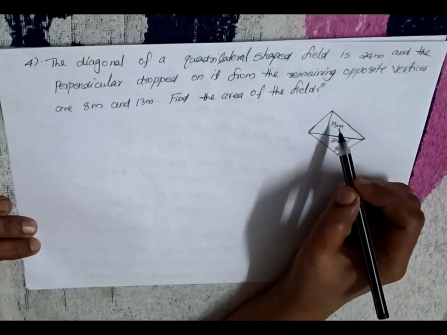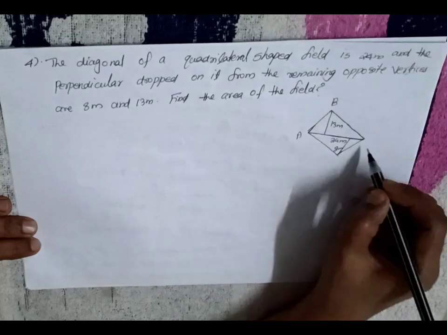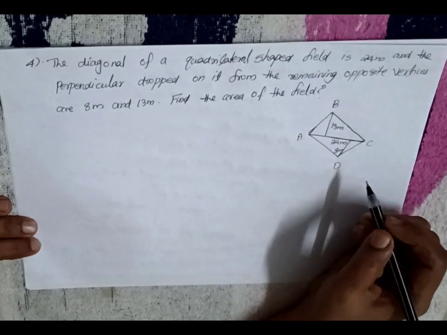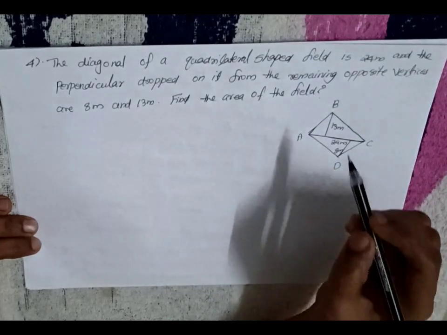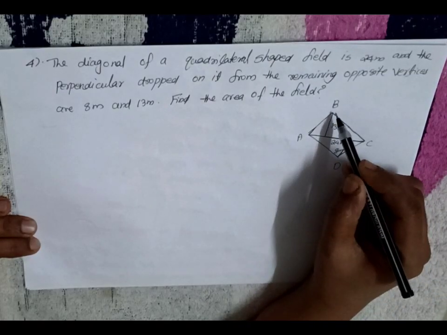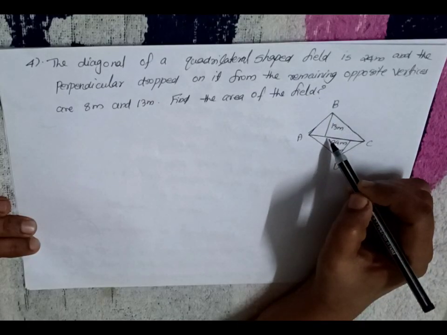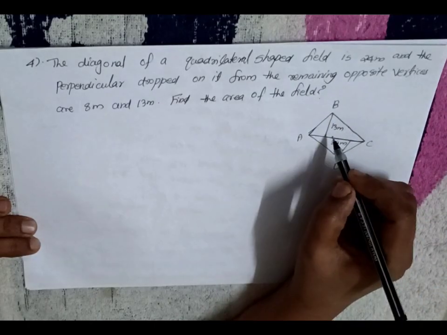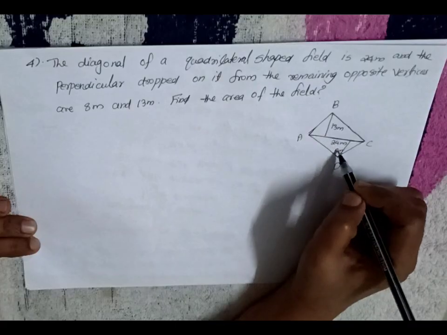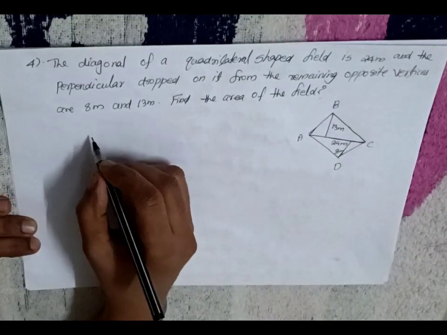The remaining opposite vertices of quadrilateral ABCD, here the remaining vertices B and D, make perpendiculars on the diagonal. They are 8 meter and 13 meter. Then find the area of this field.